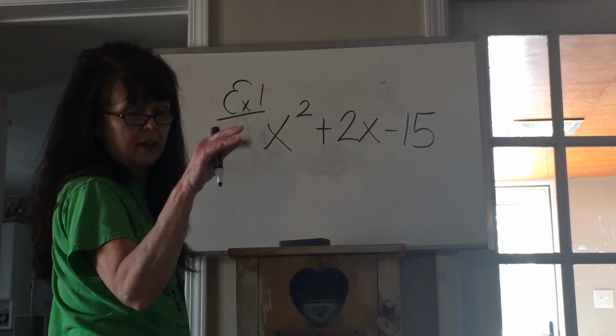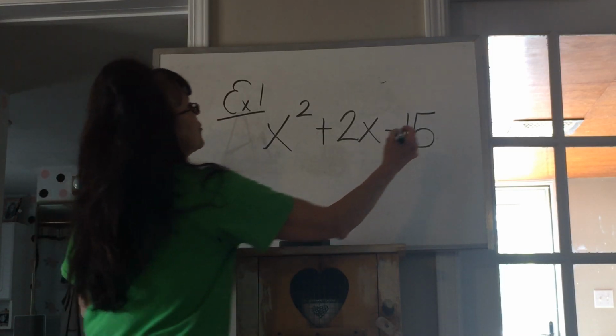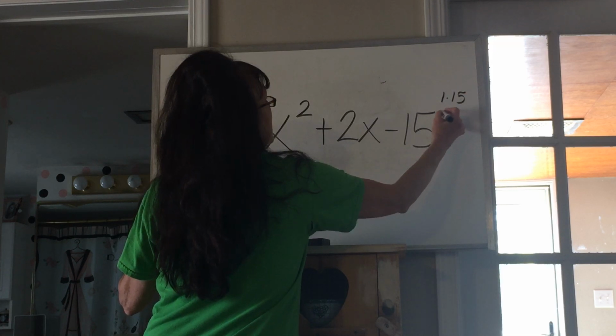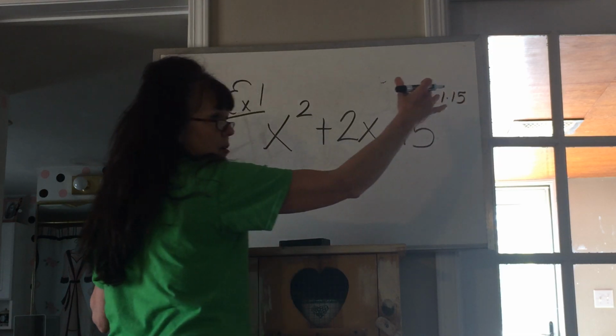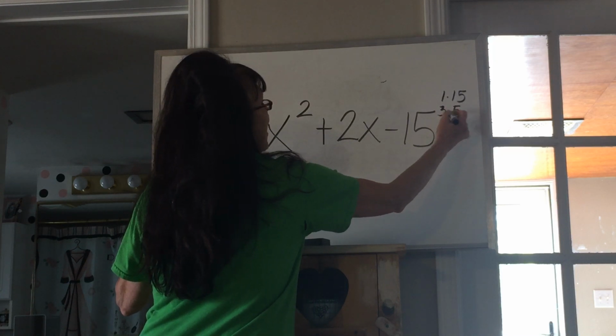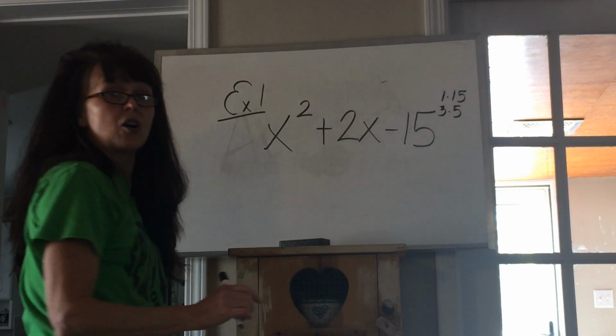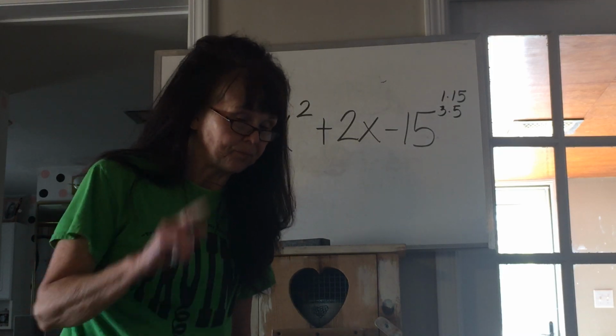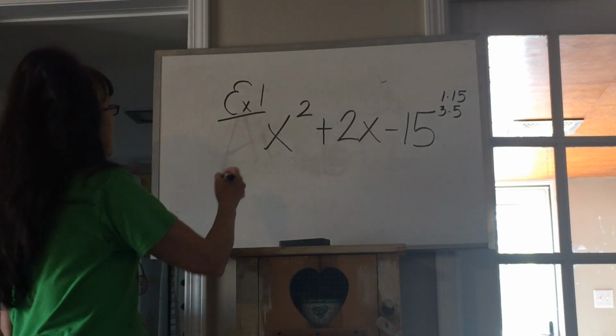Out to the side, I'm going to go 1 times 15, and there is no number with 2, so you're going to go to 3 times 5. So that last term, you are going to list all the factors of that. Now, we're ready to factor.